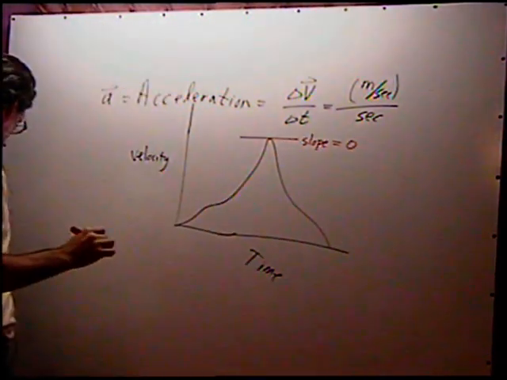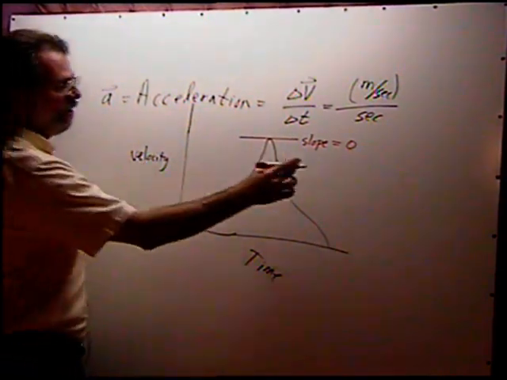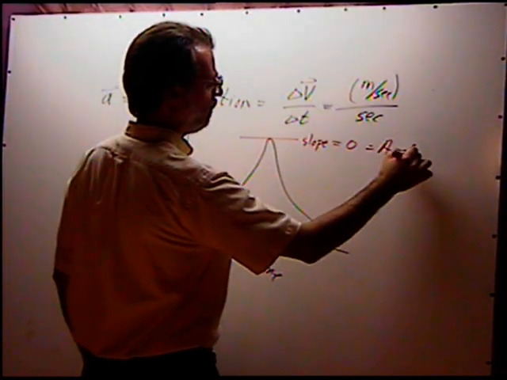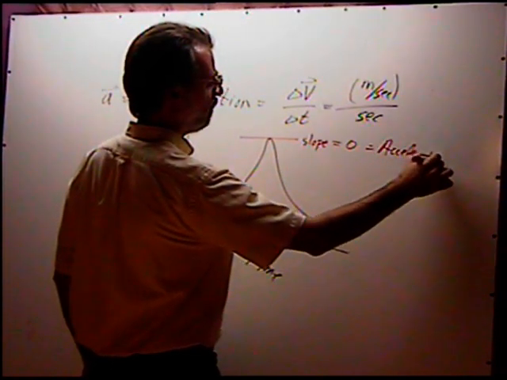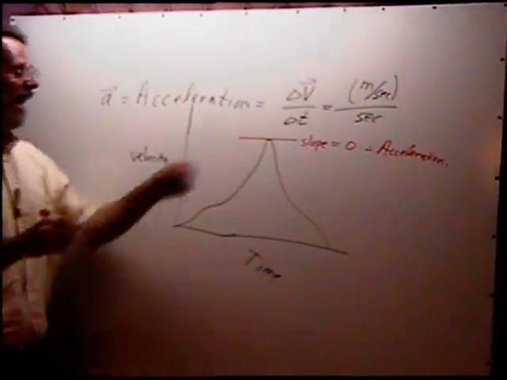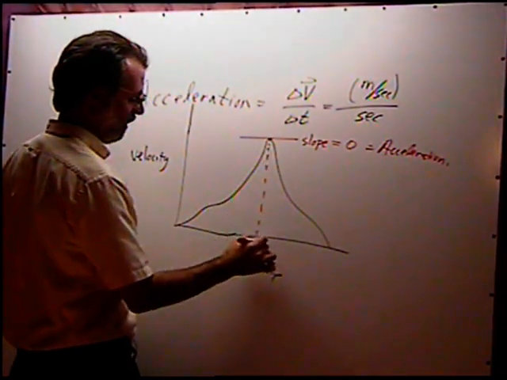Okay? Now, when we plot velocity versus time, the slope is equal to acceleration. So this means that the acceleration is 0 at that instantaneous point in time, whatever time that is right there.